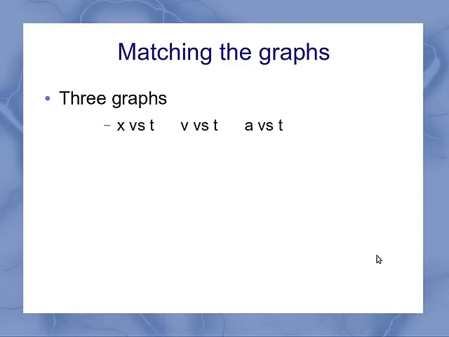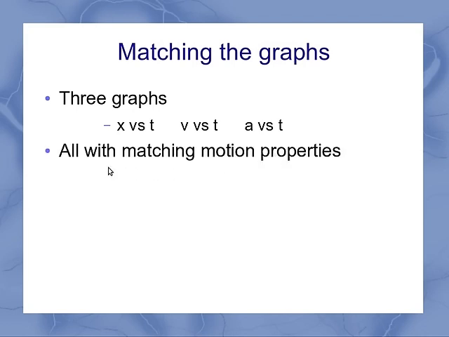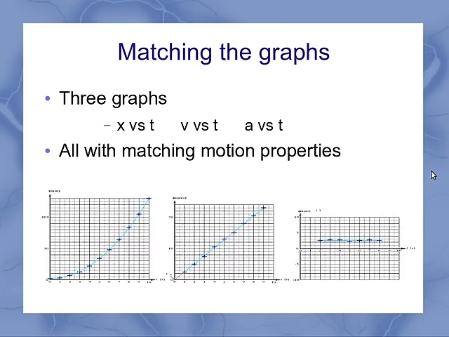The other thing that you're going to be looking at, and you'll have to practice this some more, is where you've got three different graphs, x versus t, v versus t, and a versus t. And you want to have the graphs all have the same motion properties. Here's an example of this. Here's our acceleration graph over here, and we've got a positive constant acceleration.